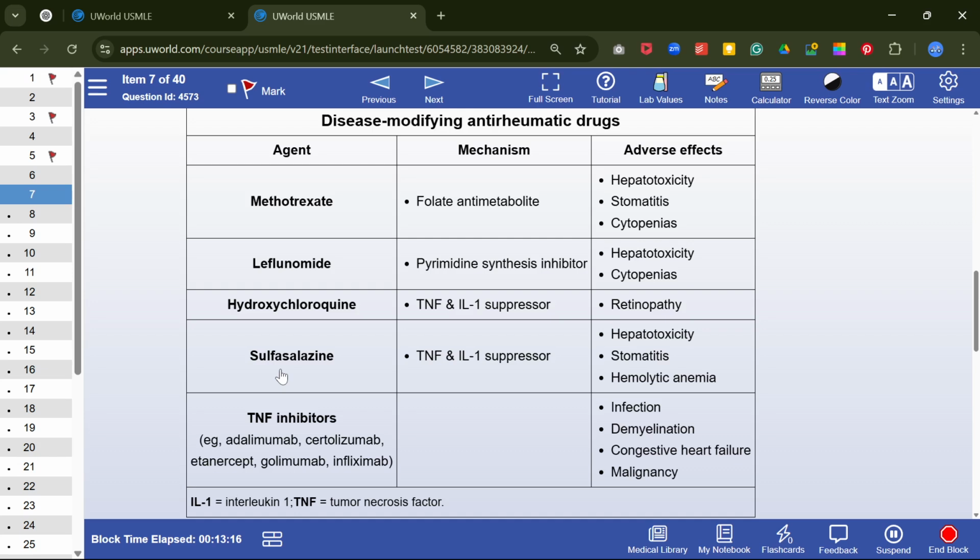Sulfasalazine, TNF and interleukin-1 suppressor, causes hepatotoxicity, stomatitis, and hemolytic anemia. Anti-TNF alpha inhibitors, infliximab, adalimumab, golimumab, certolizumab, etanercept, can cause infection, demyelination, congestive heart failure, and malignancy.